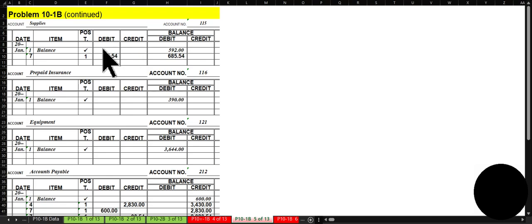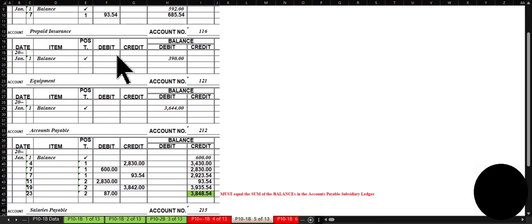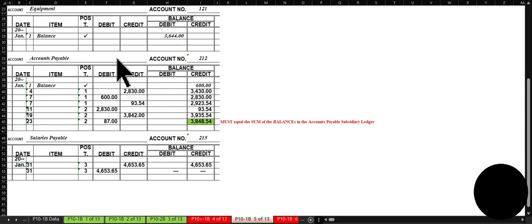These are just the additional accounts in the general ledger. Notice that the number or check mark in the post reference column indicates that we have in fact recorded the transaction coming from another source. And so here we have for accounts payable the total for that particular day coming from that.